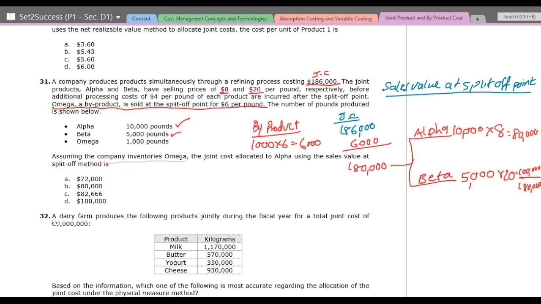Now the joint cost is 180,000. For alpha the sales value at split-off is 80,000 and for beta it's 100,000. They are asking for the joint cost allocated to alpha using the sales value at split-off method.